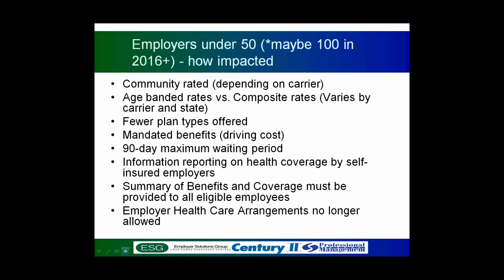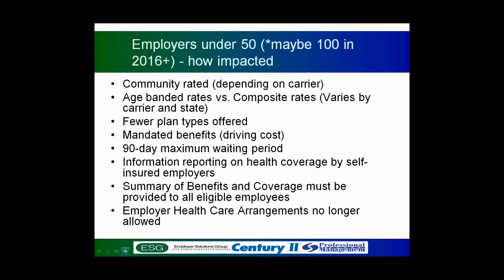And the first is community rating. This depends on the carrier, but what this means is that carriers issue non-grandfathered plans whose members are all part of a single risk pool. Rather than standing alone, they're part of this greater community rating.